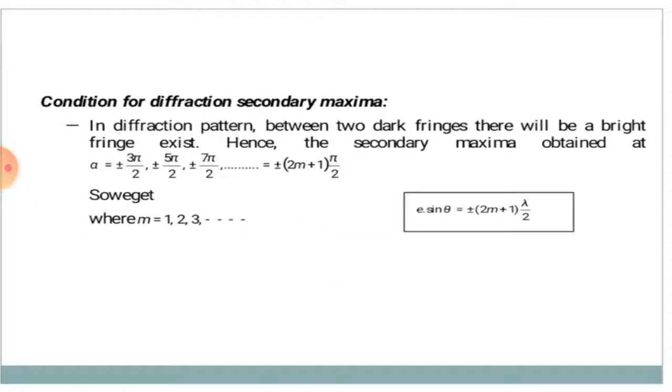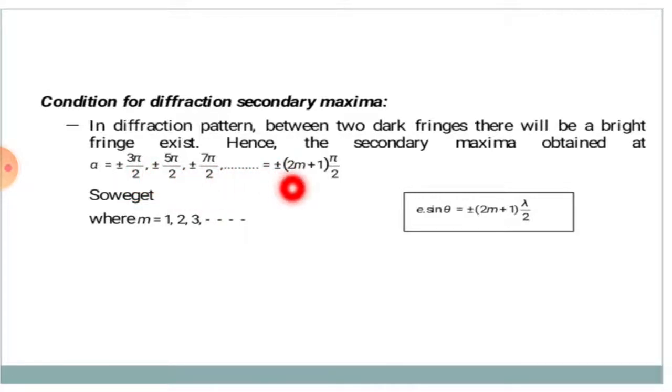Now we will see the condition for diffraction secondary maxima. In the diffraction pattern, between the two dark fringes there will be a bright fringe. Hence, the secondary maxima are obtained at alpha is equal to plus or minus 3 pi by 2, plus or minus 5 pi by 2, plus or minus 7 pi by 2 and so on.